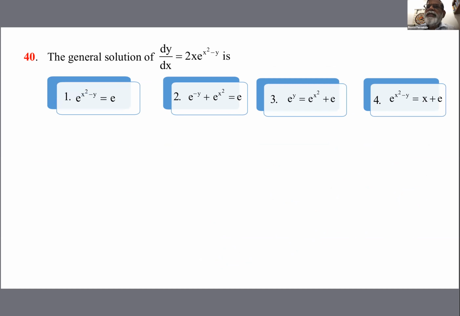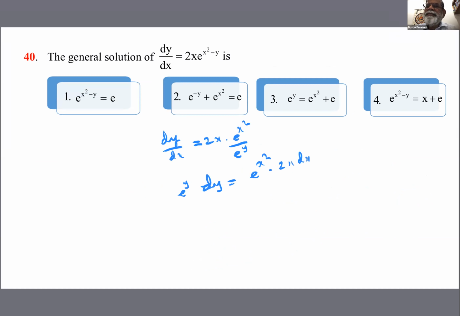Look at this. It's a simple variable separable. dy by dx is equal to 2x into e power x squared divided by e to the power y. Separate the variables. E power y dy equal to e power x squared into 2x dx.